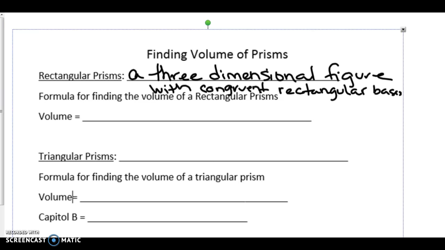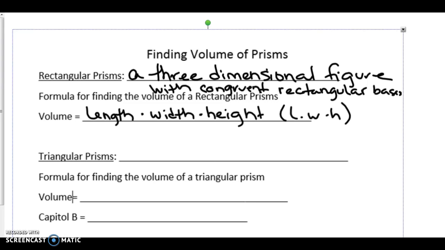To find the volume of a rectangular prism, we know that the formula is length times width times height. Okay? Or L times W times H.